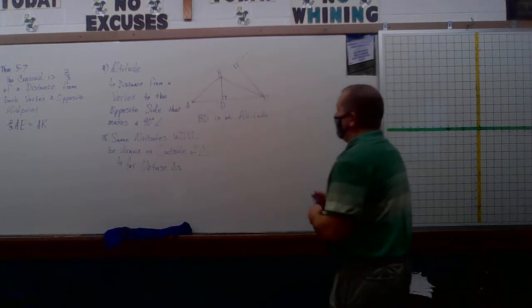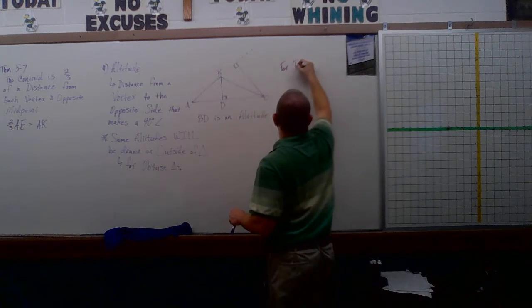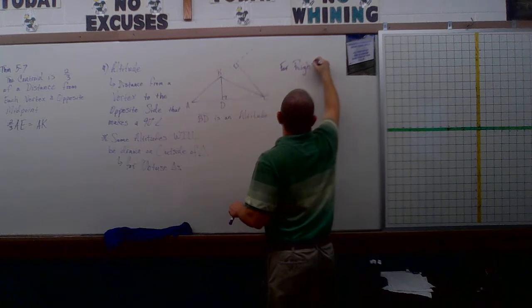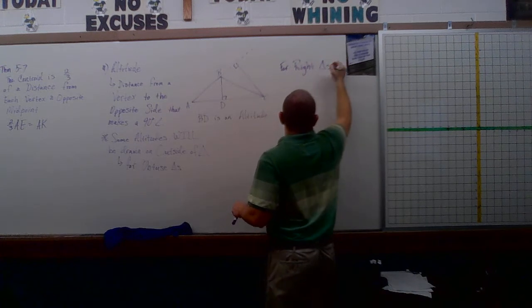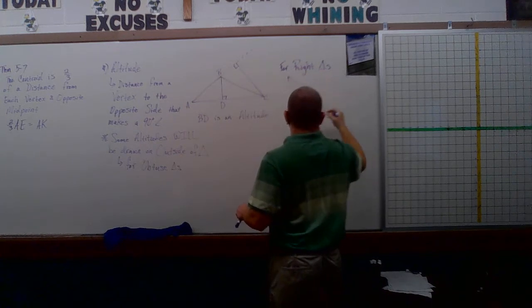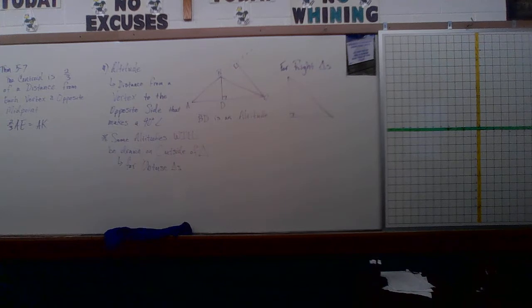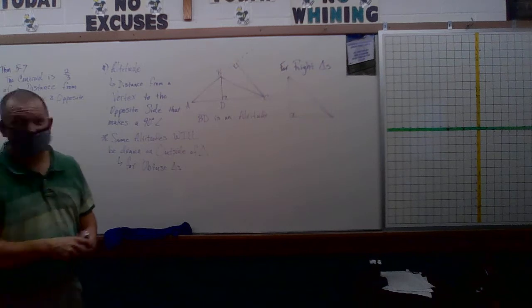And then think about an altitude for right triangles. Can I draw a right triangle? Right triangle, right? So what would I say about the altitude for a right triangle? It's really the what of my triangle? The sides or the legs, right?